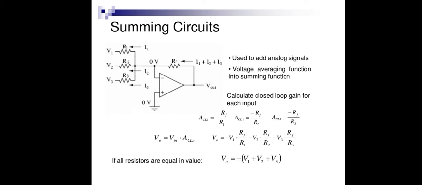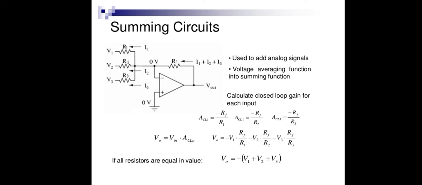Then V0 is equal to minus V1 into Rf upon R1, minus V2 into Rf upon R2, minus V3 into Rf upon R3.